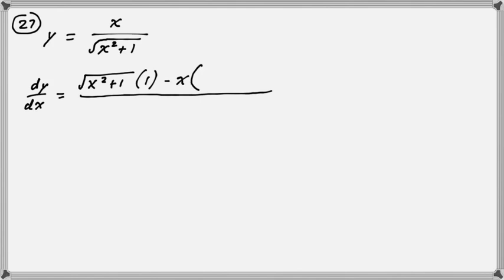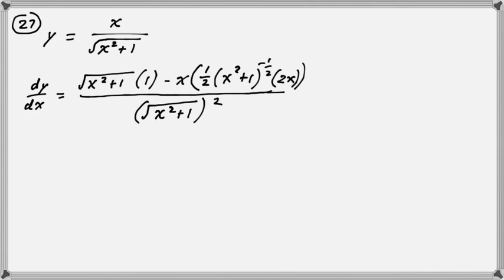Since the bottom is to the 1/2 power, it'd be power base, 1 less power, derivative of base would be 2x, and then it would all be over the bottom squared.